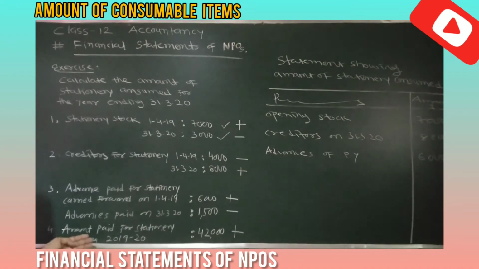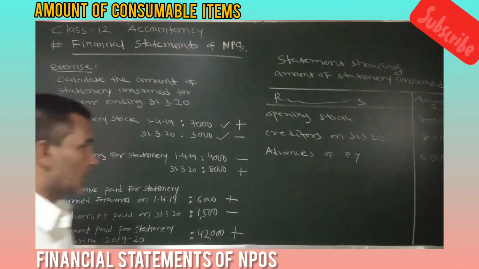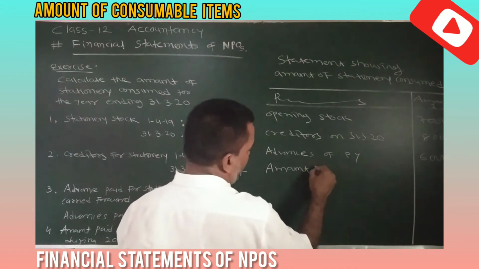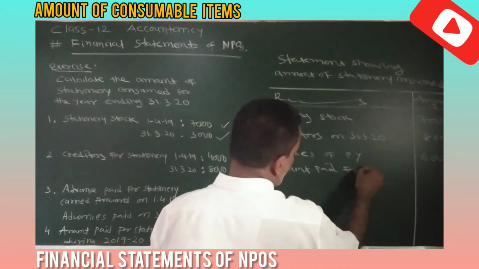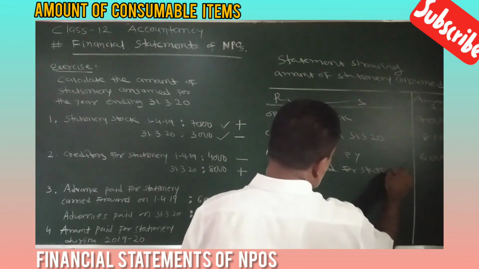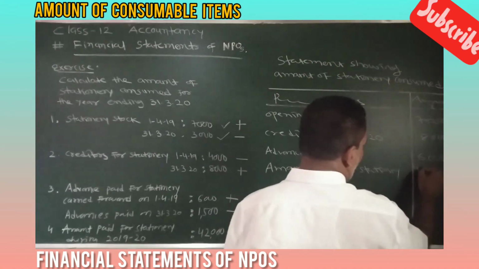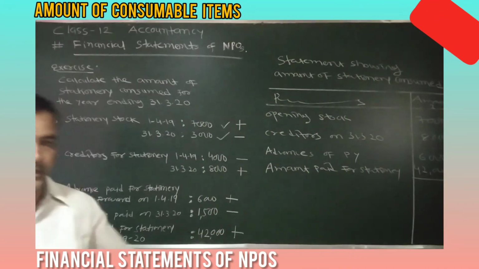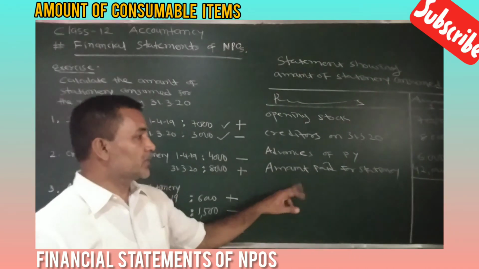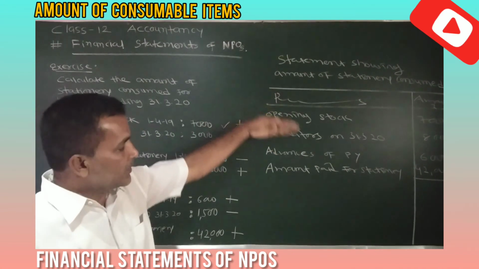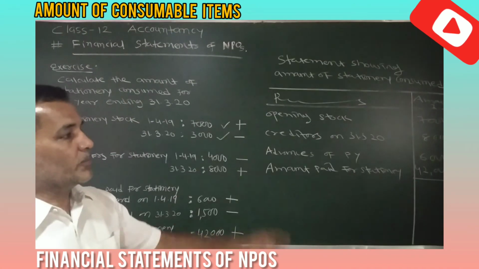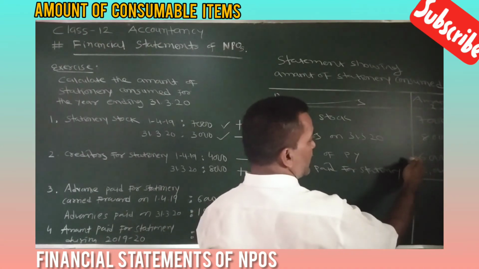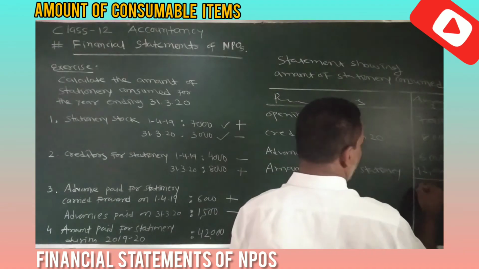And the amount paid for stationery, rupees 42,000. You can write in this way also, or you can write amount paid for stationery as the first item, and add these three in there. If you make the total of this, then 42 and 8, 50, 56, 56 and 7, 63,000.